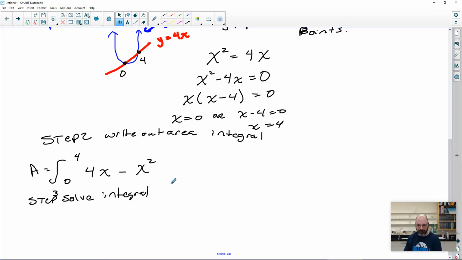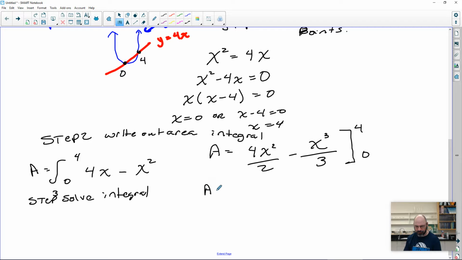So that means the area will equal 4x squared over 2 minus x cubed over 3, from 4 to 0. And then we can reduce this one.